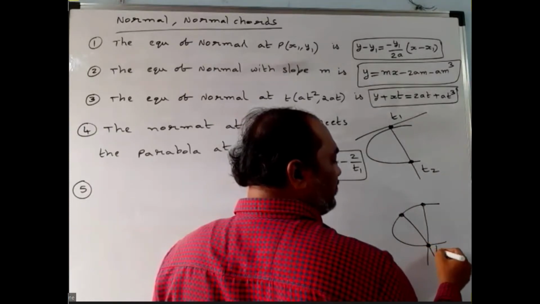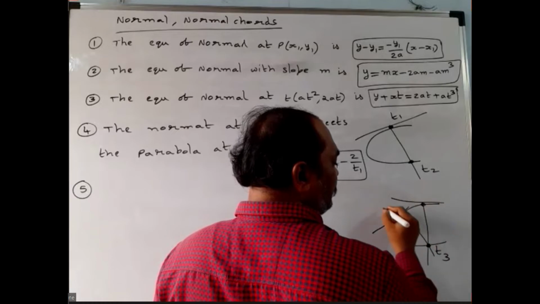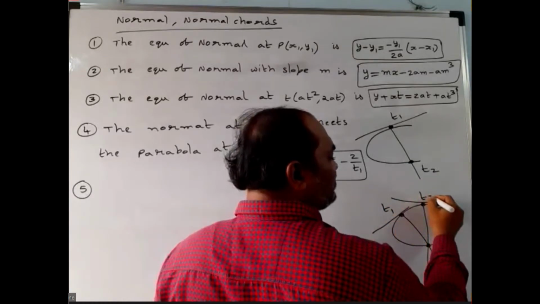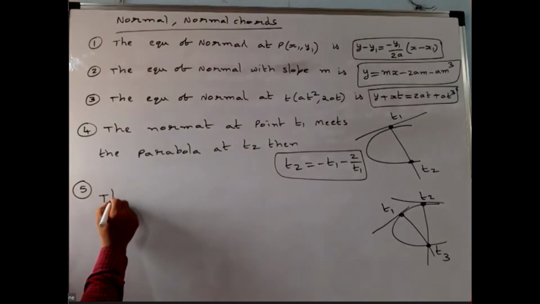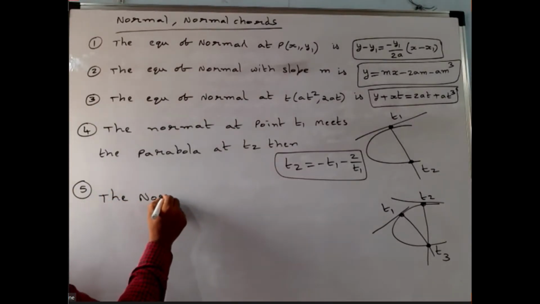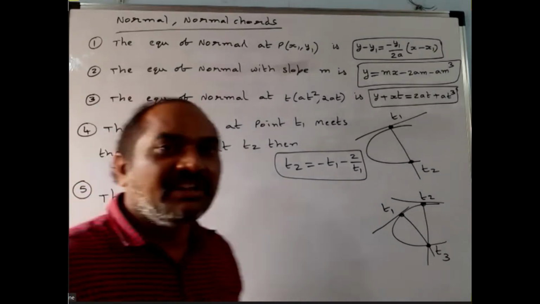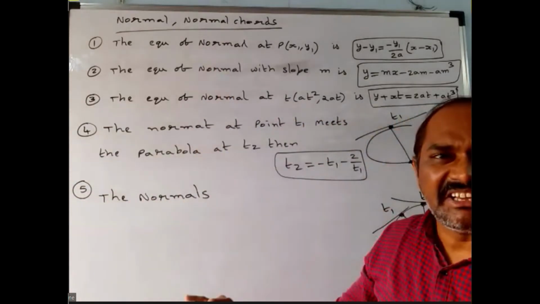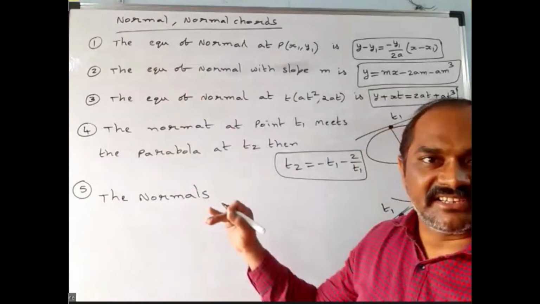These two are again meeting at T3. Write down. The normals at two points, T1 and T2, meet the parabola again at T3.